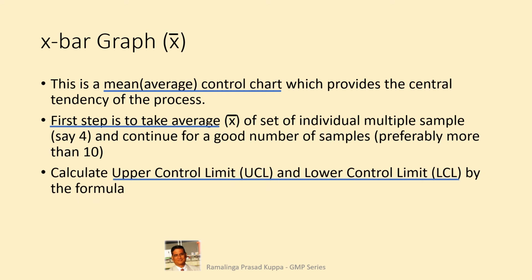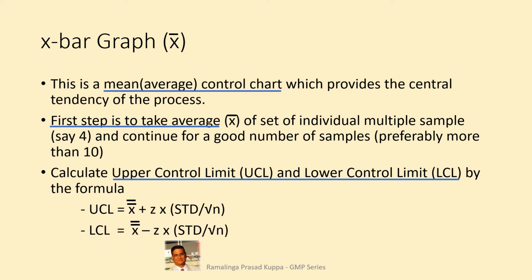Calculate the upper control limit and lower control limit by the formula UCL is equal to X double bar plus Z into standard deviation by root n, and LCL is X double bar minus Z into standard deviation by root n, where n is the number of subset points. The upper control limits and lower control limits are calculated as per these formulas.